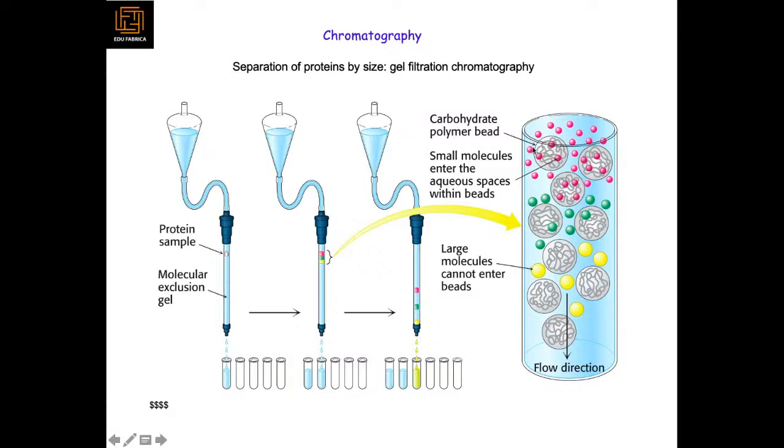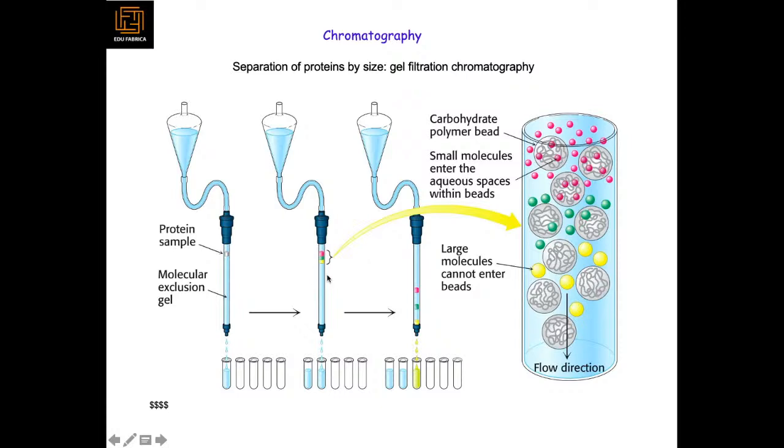These big ones are carbohydrate polymer beads, and the small molecules enter the aqueous spaces within the beads, so they remain inside the beads, whereas the green and yellow ones tend to flow down. So first the yellow comes down fast, then the green, then the red.